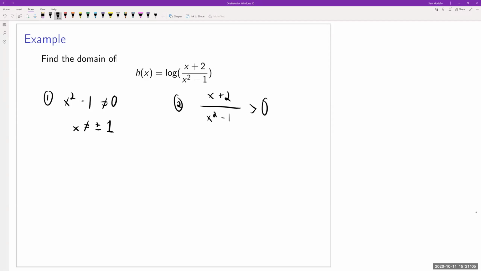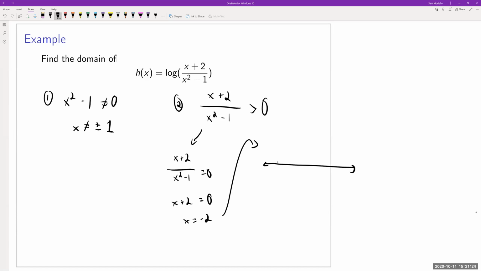In order to solve this inequality, we will first solve the equation. And then create a number line involving the solution to the equation, as well as the places where the equation is not defined.